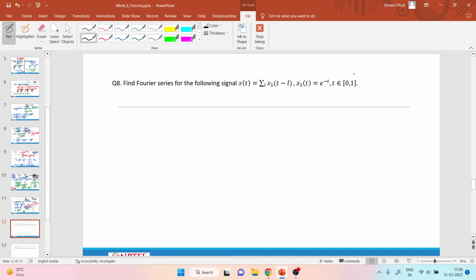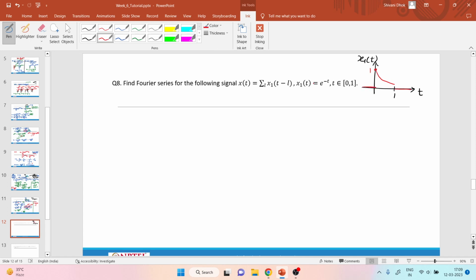So let us first draw this x1(t). This is my x1(t). This is 1. The signal starts from 1 here, goes till 1, and is 0 otherwise.